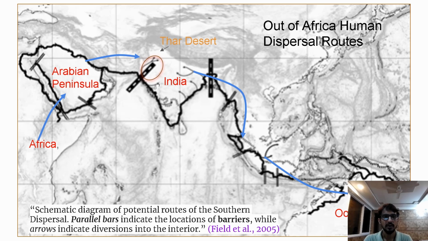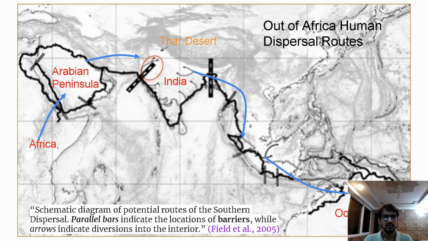Okay, in a broader context, we have to understand the importance of the Thar Desert from the perspective of Paleolithic archaeology. Here on the screen, you can see part of Africa, Arabia, India, and Southeast Asia. These arrows indicate the out-of-Africa dispersal, when modern humans came out of Africa.